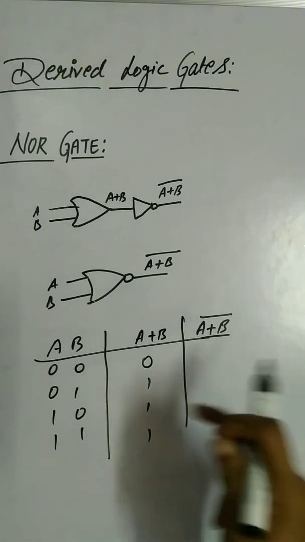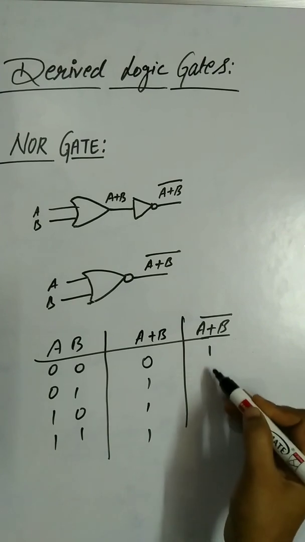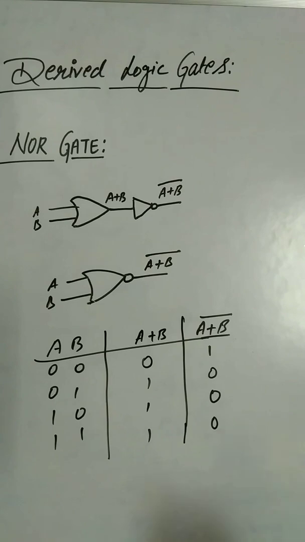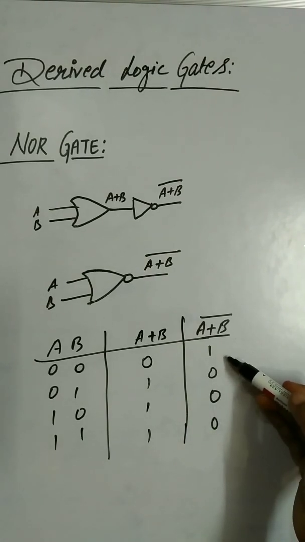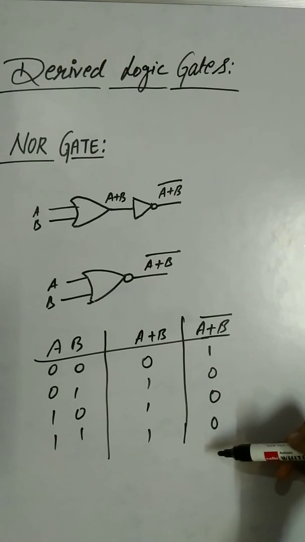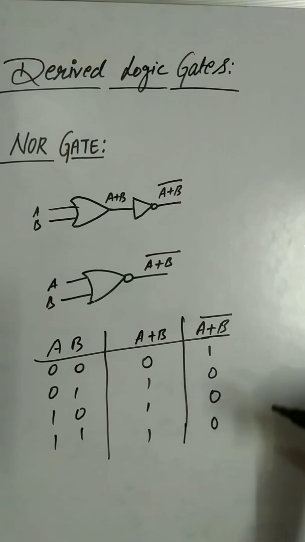Then A plus B whole bar is just the complement of the value. It's the final output of the NOR gate, 1, 0, 0, 0. Or you can say that it's just the opposite of OR gate.